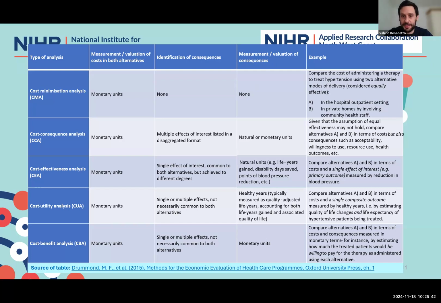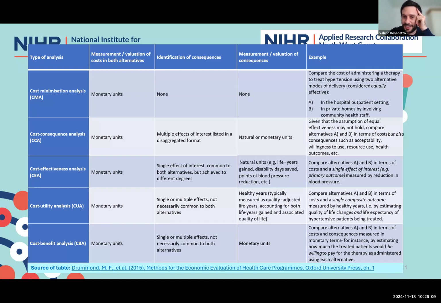So in cost-effectiveness analysis, the outcomes are measured in natural units. Like we got some examples here in the penultimate column: life years gained, disability days saved, points of blood pressure reduction. So everything that is measured in natural units. In cost-benefit analysis, instead, things are measured in monetary units. In a way, it's like you're trying to monetize the points of blood pressure reduction.